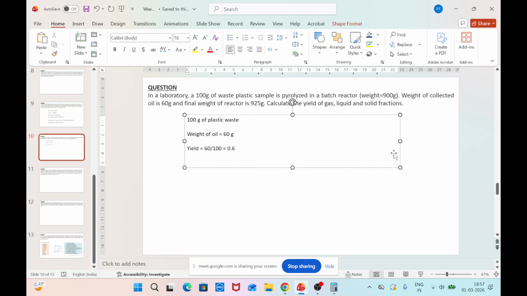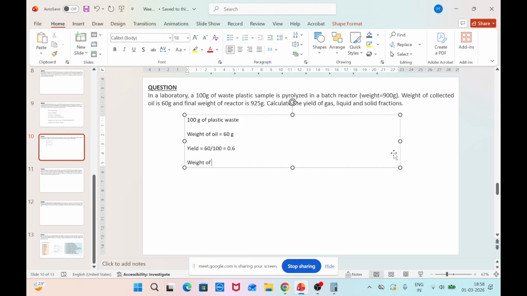And the weight of the reactor before is 900 and after is 925. So that would be the weight of the solid fractions that is getting generated. That is the reason the batch reactor's weight has increased.